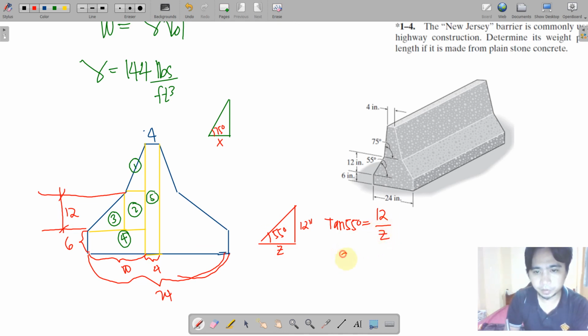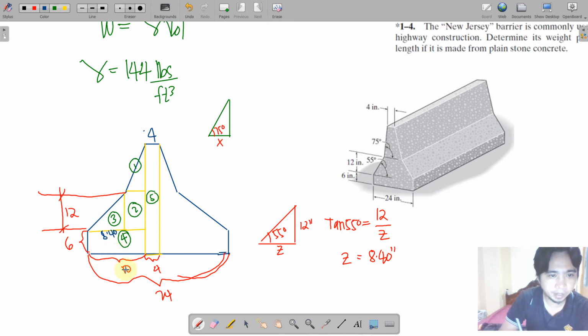So therefore, z is equal to 12 all over tangent of 55. So we have 8.4 inches. So if this is 8.4 now, okay, so we're gonna place that there, 8.4.